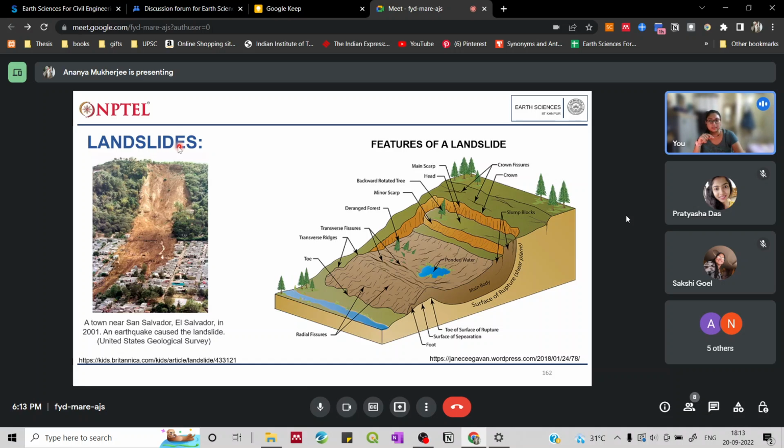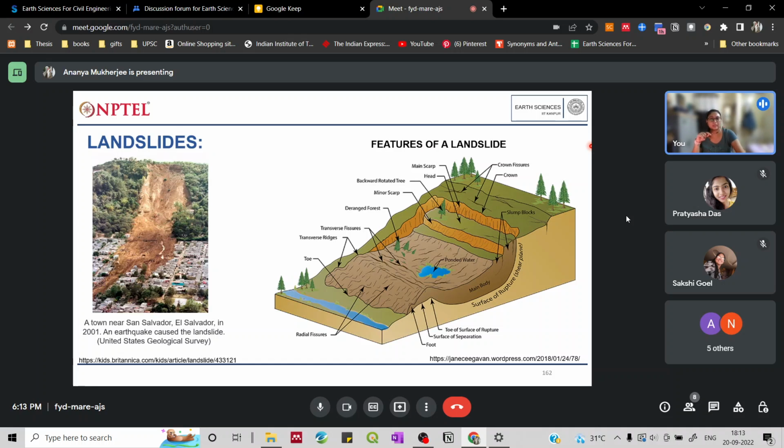You can see that this entire rock, the soil along with the vegetation, everything has just slid off the slope, and it has destroyed the houses over here. So you can understand that this causes a lot of damage to property, and also a lot of damage to life. That is why it is important to understand landslides.